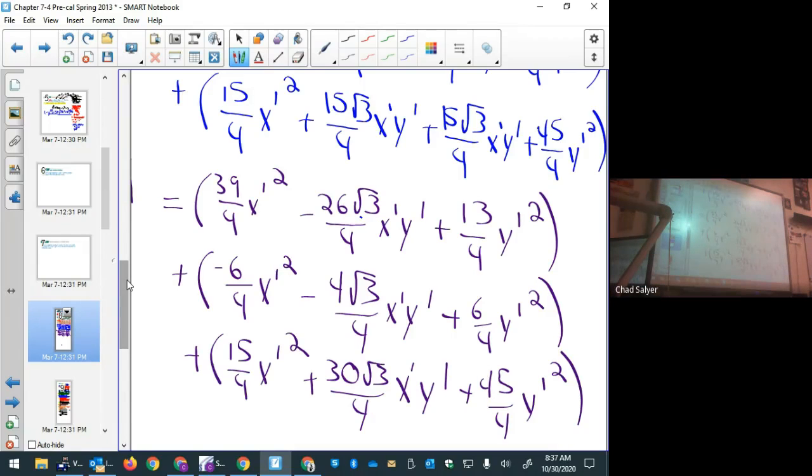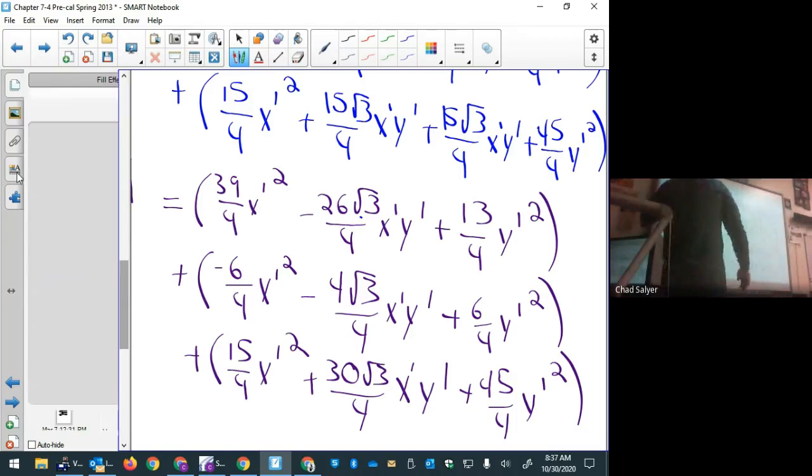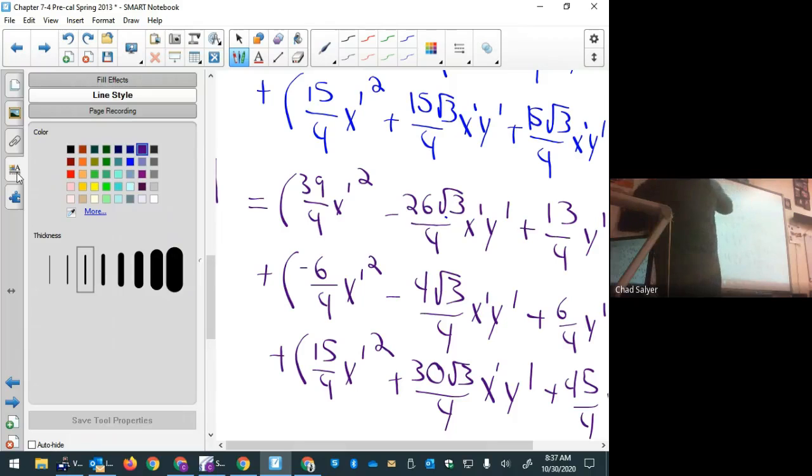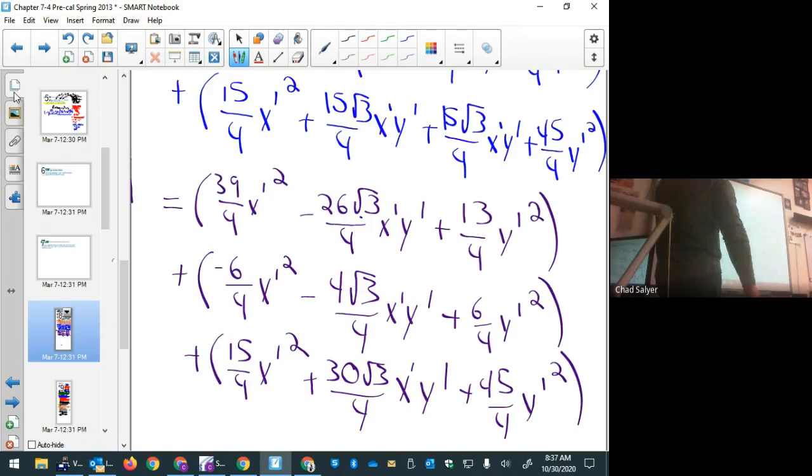We're really close now. It's starting to get just a little bit simpler. All right, new pen color because we're on a new step. Ugly green, that'll work.